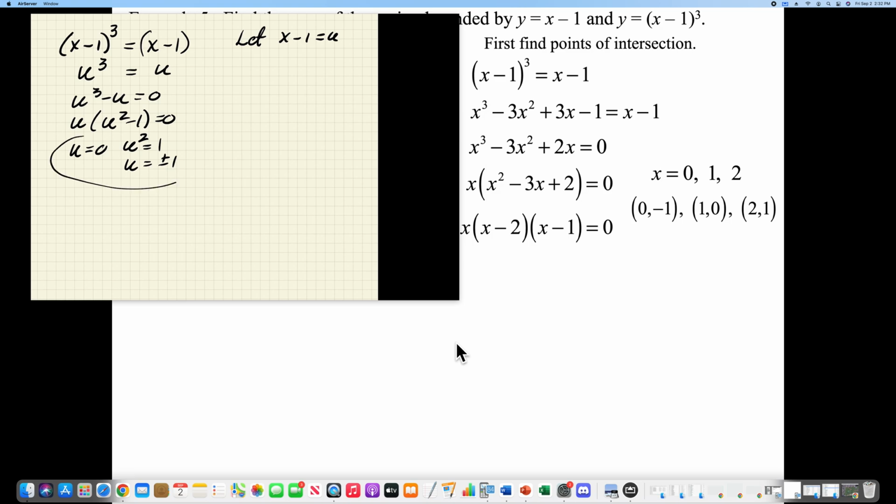Take these answers, plug them in over here, and resolve for x. Okay, so we'll put in the 0, then x equals 1. We'll put in the positive 1, x equals 2. We'll put in the negative 1, x equals 0.